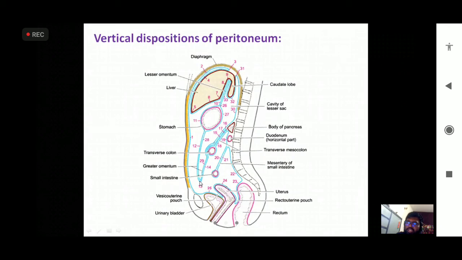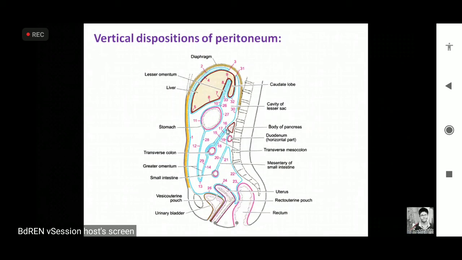The first layer is continuous with the fourth layer, and then goes upwards to reach the colon. It is closely related to the transverse colon, but it doesn't become attached to the transverse colon. Rather, it rounds around the transverse colon and goes upwards to reach the anterior border of the pancreas.